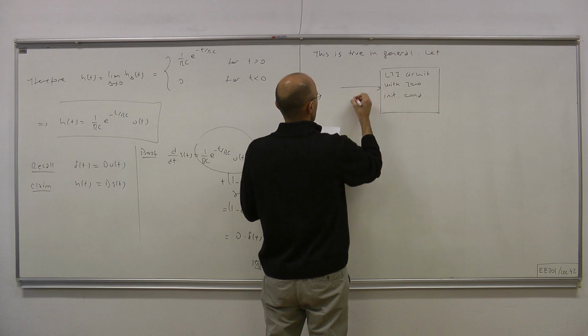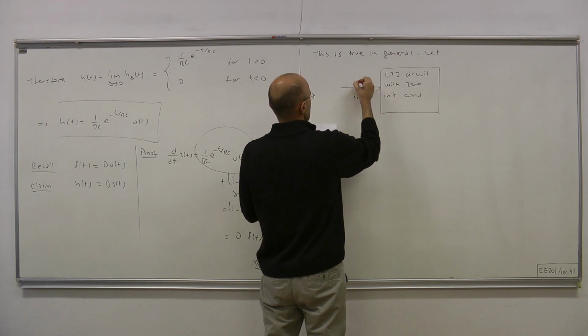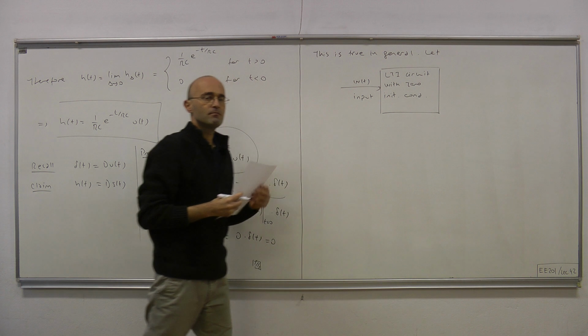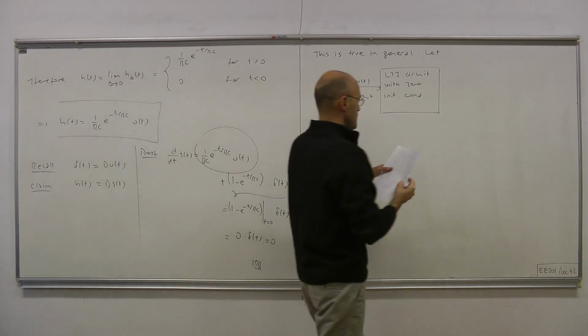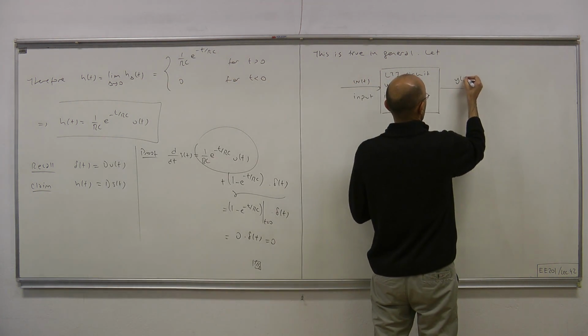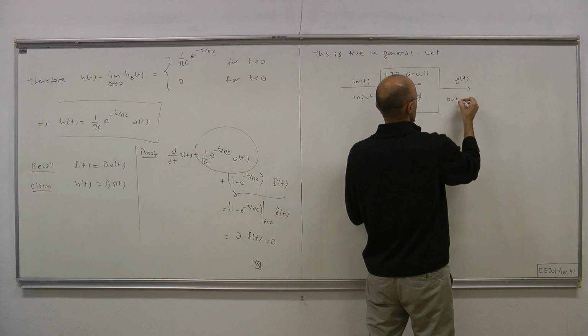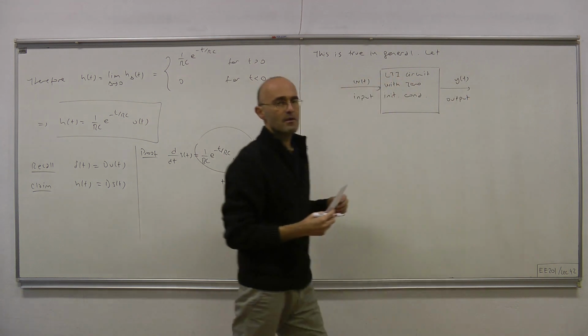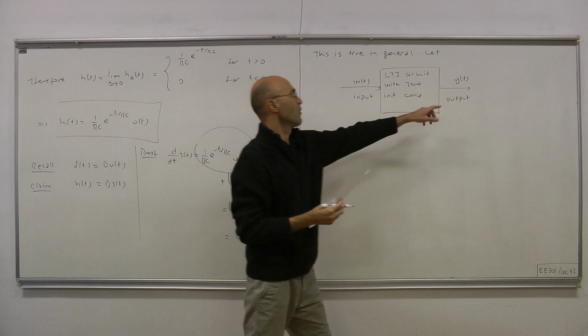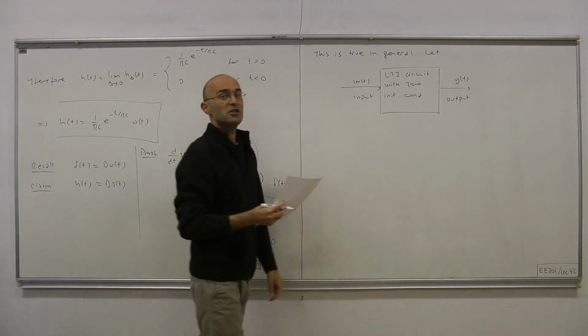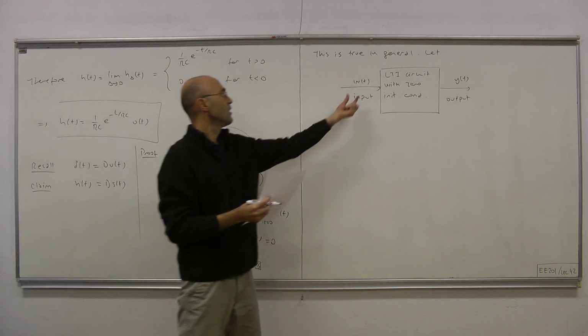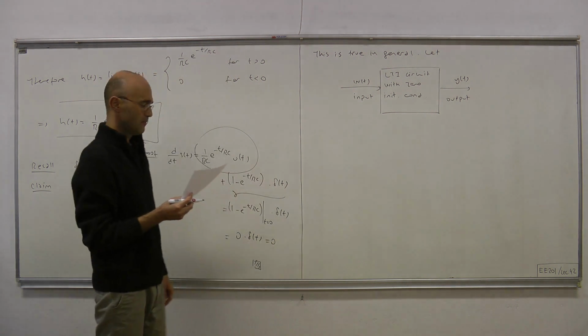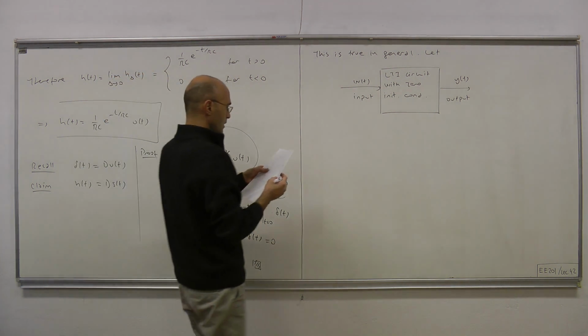Here we have some input, let's call it w(t), and that input generates the output, which we're calling y(t), and that waveform is what we're calling the zero state response for this particular input, w(t).